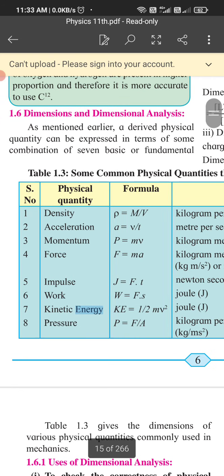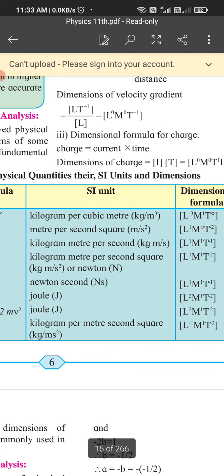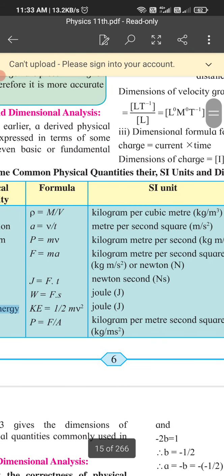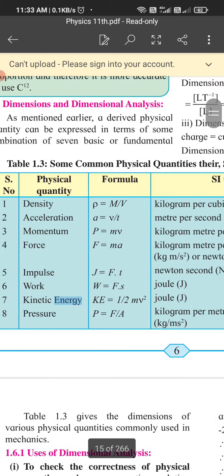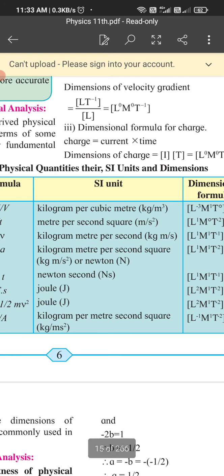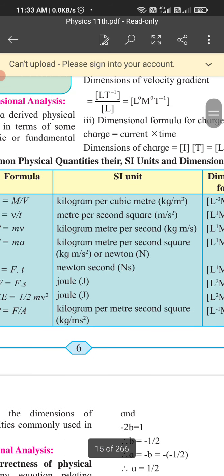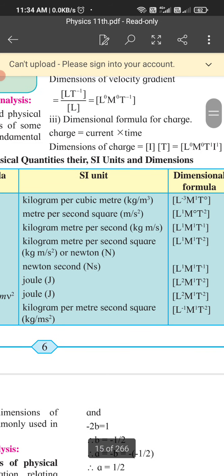Next, work is force into displacement, joule J, that is L^2 M^1 T^-2. Kinetic energy, 1 by 2 m v square, joule, same, L^2 M^1 T^-2. And pressure, F upon A, kilogram per meter square, L^-1 M^1 T^-2. So this is for homework. You have to learn this by heart, and in the next period you will see the next point.